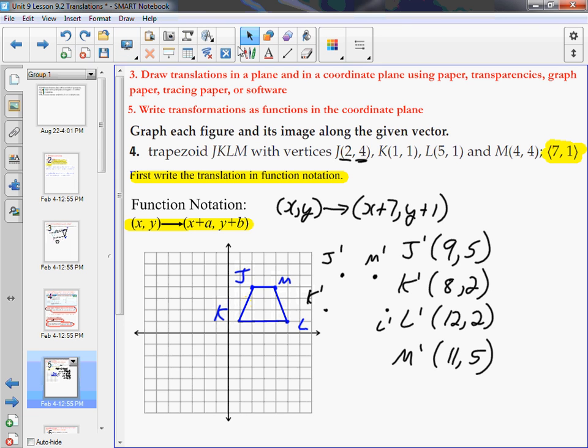Nope, can't do that. There, that's more what it ought to look like.